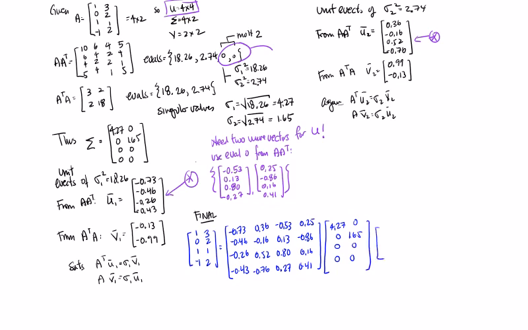And then we put in finally the V. And that gets a T. So this is our U, our sigma, and our V transpose.